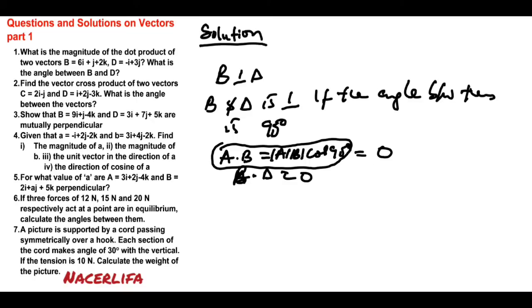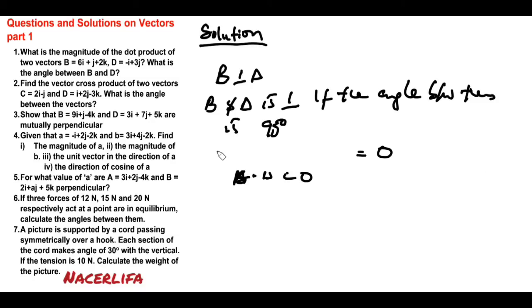I can rewrite this as B dot D equals modulus of B, modulus of D, cos 90 degrees, and cos 90 degrees is 0. So B dot D equals 0. To show that they are perpendicular, we must show that when we dot B and D, it gives us 0. So let us do it.